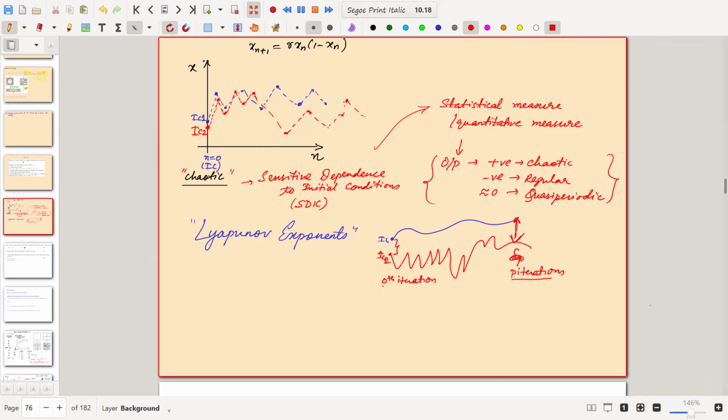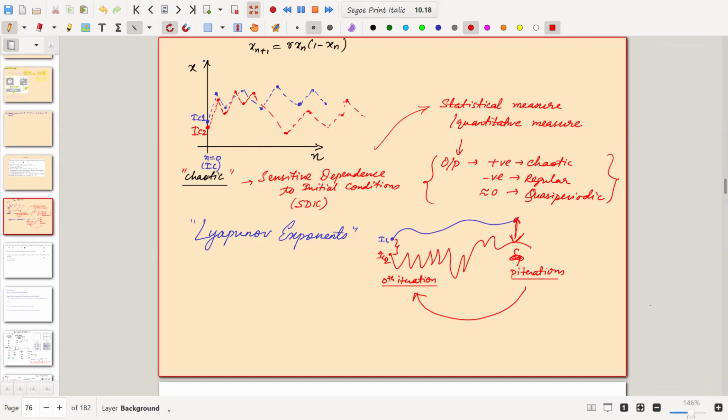Can we divide the value of the p-th iteration by the zeroth iteration, so that it can tell you whether the divergence is getting contracted or expanded? Are you understanding the idea? So this ratio, which detects the rate of separation of orbits, is nothing but the Lyapunov exponent.